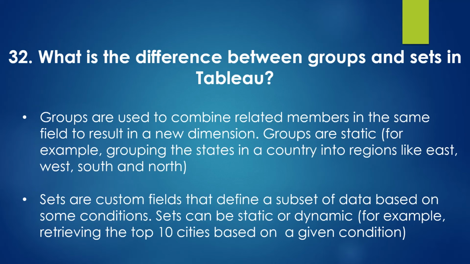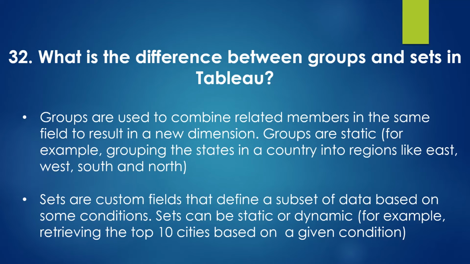What is the difference between groups and sets in Tableau? So groups are used to combine related members in the same field to result in a new dimension. So if you have a field and you have several values and you want to combine or create different groups in this field, you use groups. And groups are static.